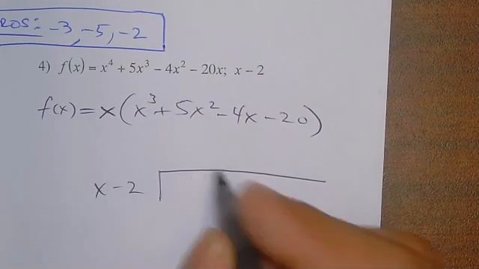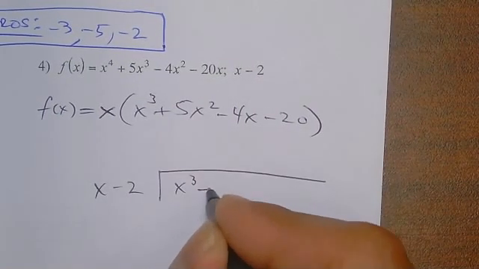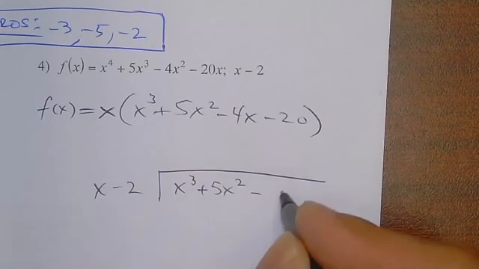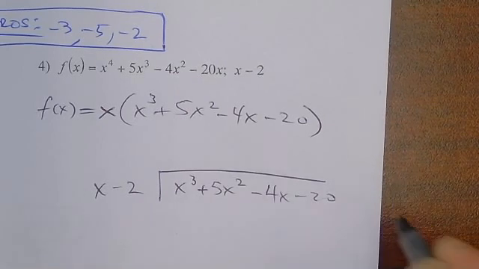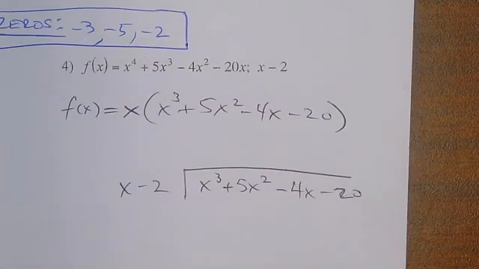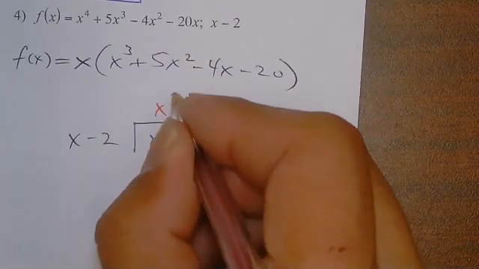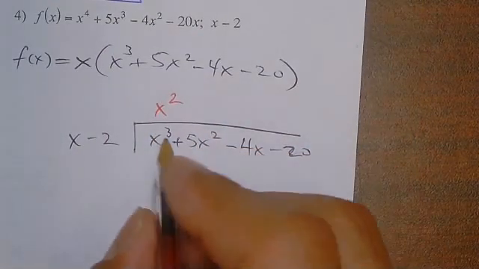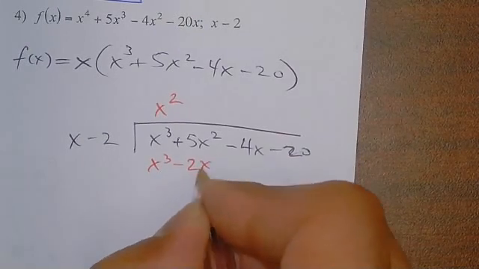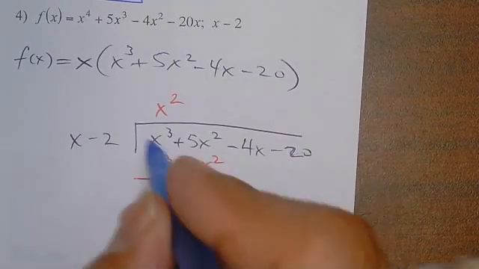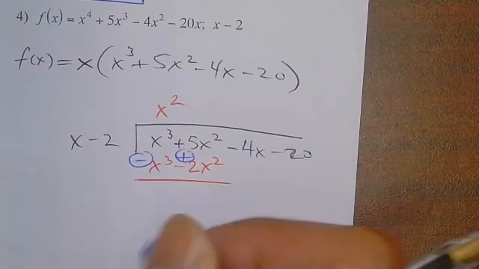Now you're going to divide this by what? X minus 2, right? And it's going to divide nicely, and you better get remainder 0.